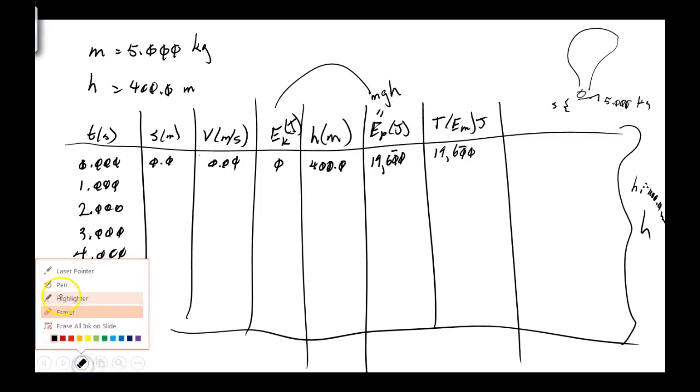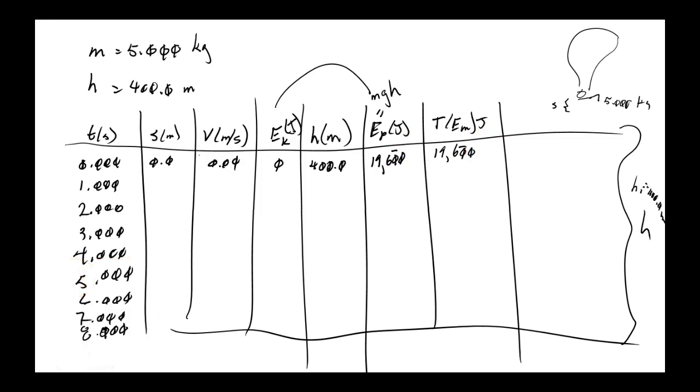Now, we go down 1 second. How far does it fall in a second? Do you remember the formula for that one? S is equal to 1/2 gt squared. Remember that?